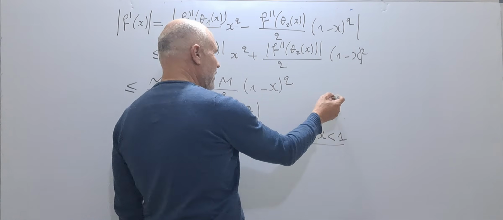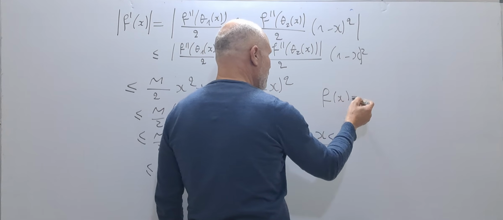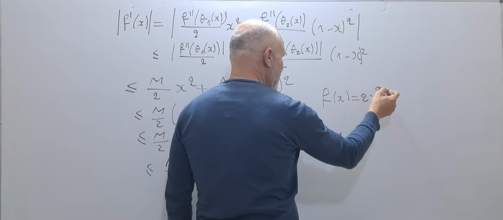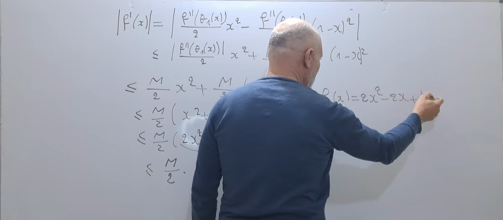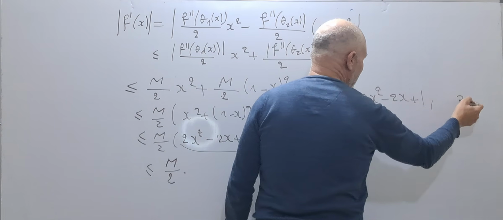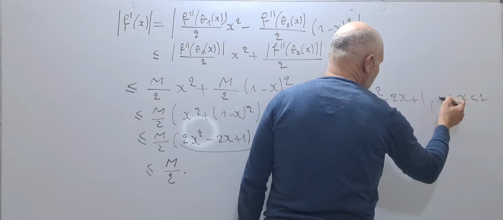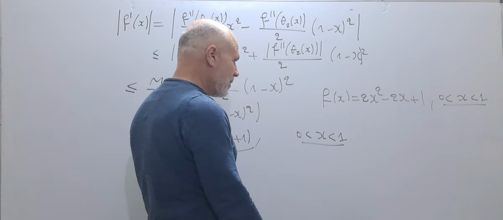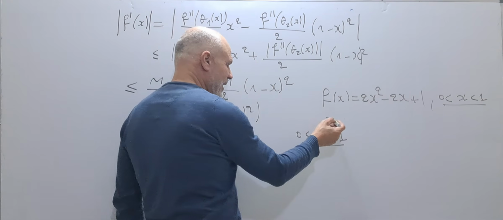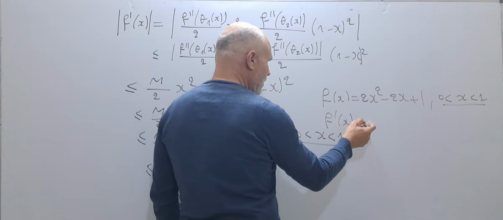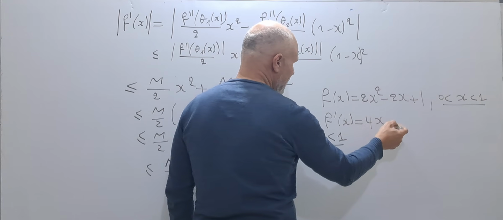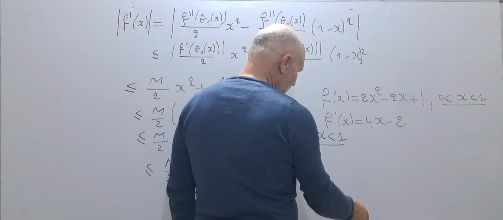We consider the function f of x equal to 2x squared minus 2x plus 1. We study this on the interval from 0 to 1. The derivative f prime of x is equal to 4x minus 2.